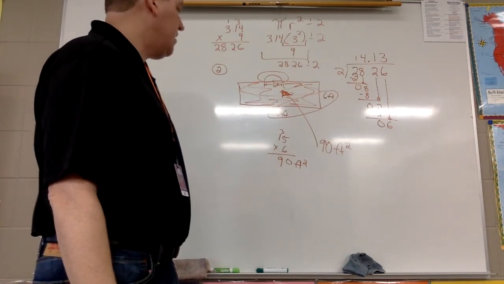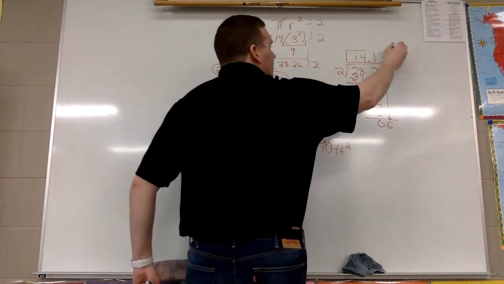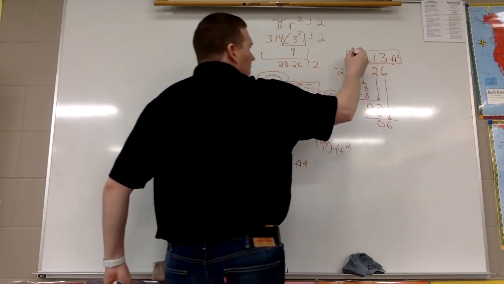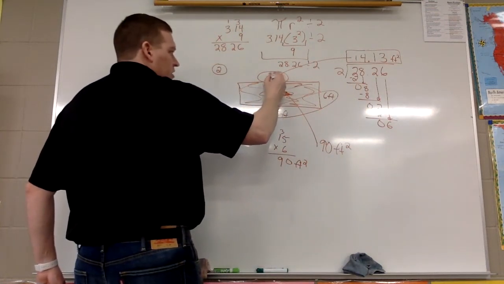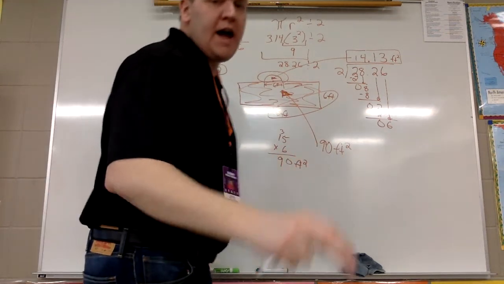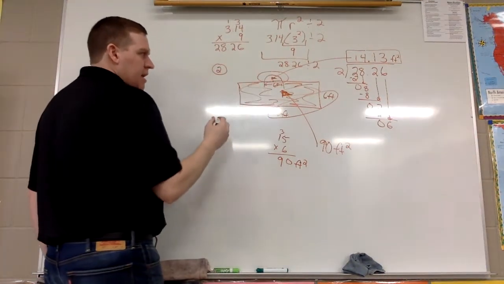14.13. So again, my 14.13, I need my label, feet squared, is this little chunk right here, okay? So for a composite figure, I have to take, obviously, this and combine them together.